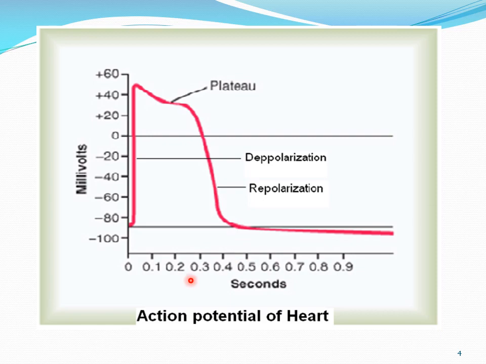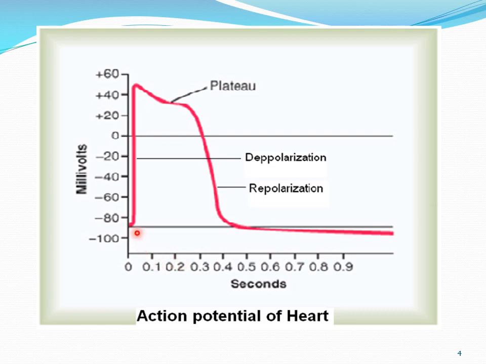But this action potential is something special in the heart, and that is called the plateau potential. Why is it called the plateau potential? Because here the depolarization is prolonged, and that's why it is called the plateau potential.